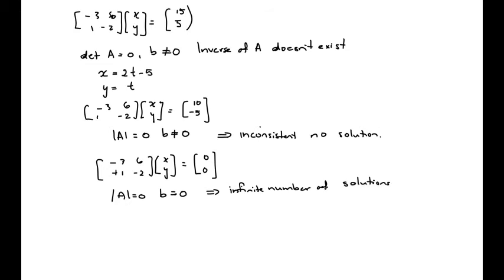And the best that you can do is to say that, well, for any number s, x would be 2s and y would be that number.